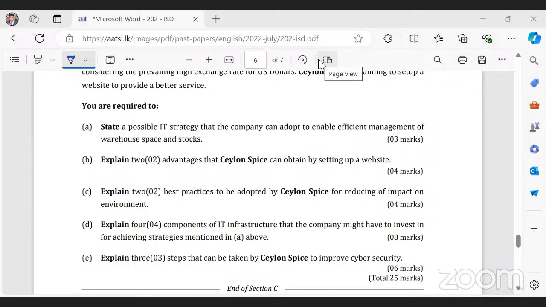Explain 3 steps that can be taken by Ceylon Spice to improve security. What are those? Use complex passwords.